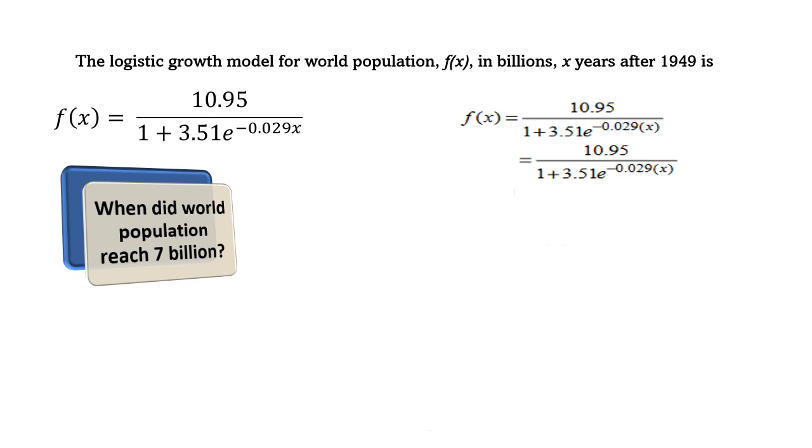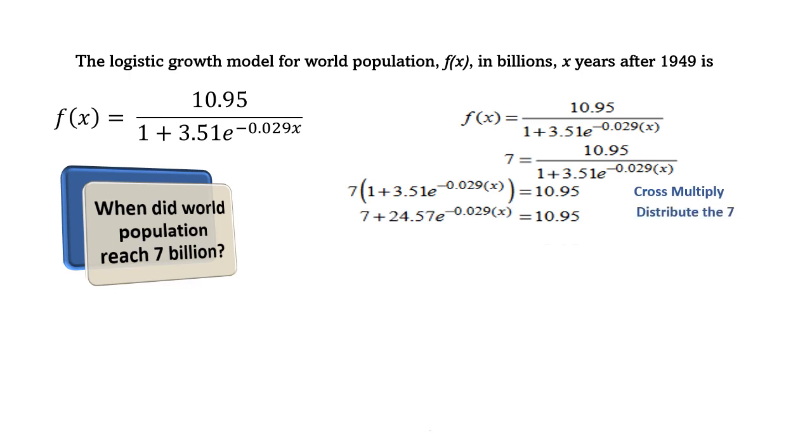Now, when did the world population reach 7 billion? Keep in mind, f of x is the world population, so we're going to plug in 7 for f of x. Then we're going to cross multiply. Then we're going to distribute the 7. Then we're going to subtract 7 on both sides.